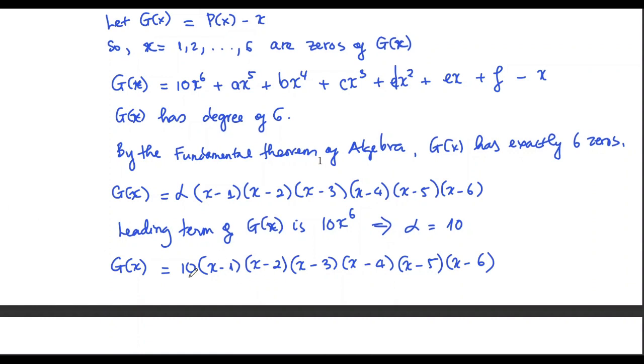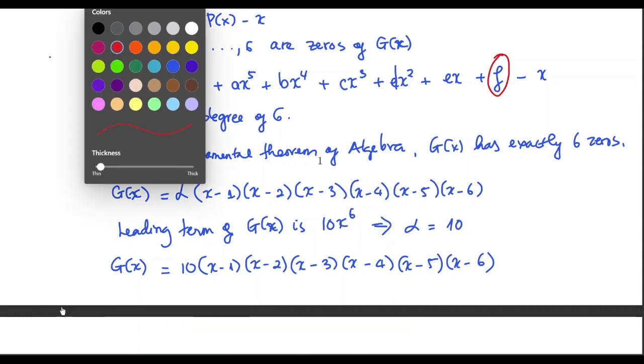If we expand this, we get the constant term of g, which is still f. The constant term is going to be 10 times negative 1, negative 2, negative 3, negative 4, negative 5, negative 6.